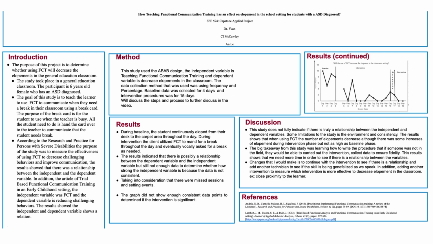During the intervention phase, the elopement did decrease. For the intervention, the teacher would explain to the learner what the break card is and model it. When they were done with their work, I would walk over and show the learner, this is your break card. You can give it to your teacher to ask for a break.